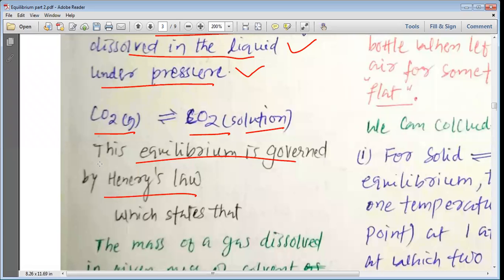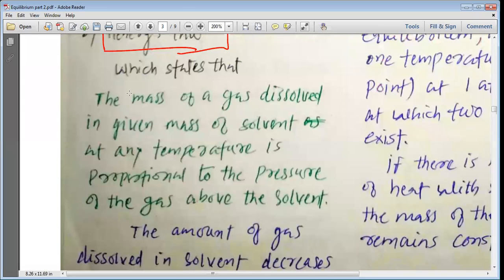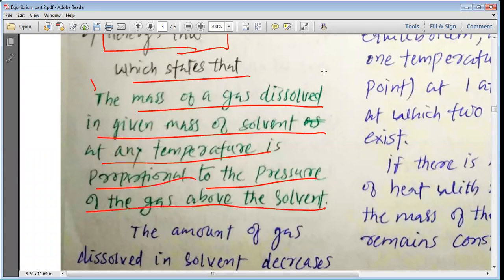Now let us study Henry's law. Please remember, my dear students, this Henry's law is very important for us, so I wish you learn this. Henry's law states that the mass of a gas dissolved in a given mass of solvent at any temperature is proportional to the pressure of the gas above the solvent.